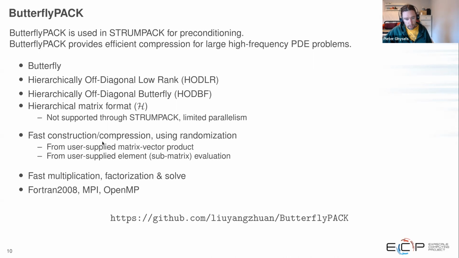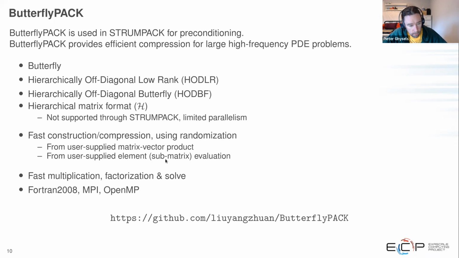Another way to construct such a representation is by providing a routine which can evaluate individual elements of the matrix. For instance, you provide a routine that can evaluate entry i, j of the matrix. Or for performance, it's typically better if you can write a routine that evaluates multiple entries in a submatrix at the same time. So this can drastically reduce communication.